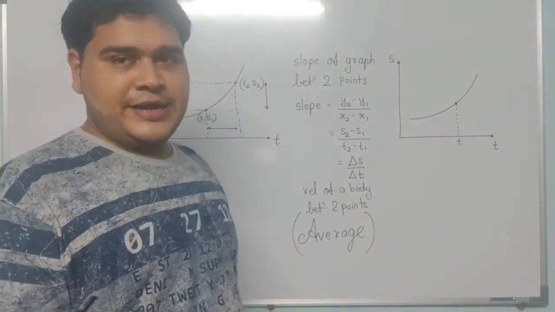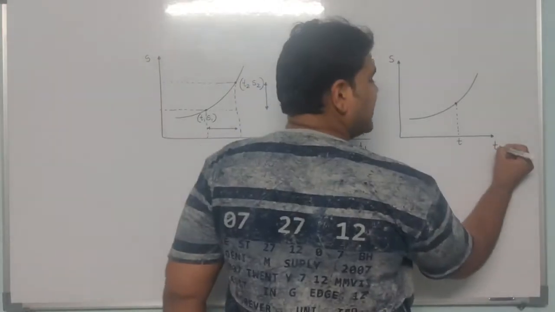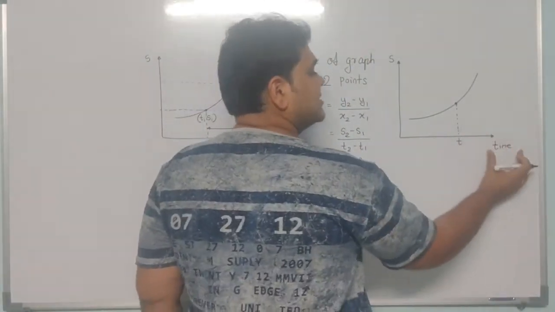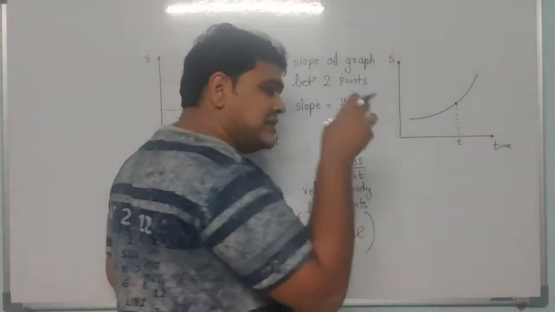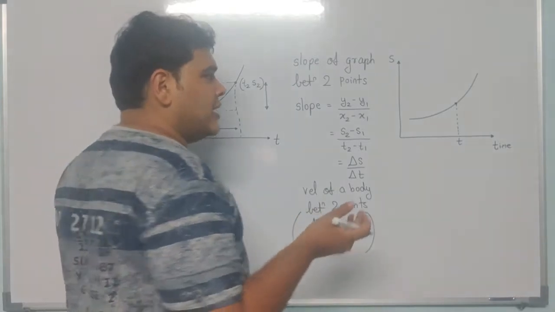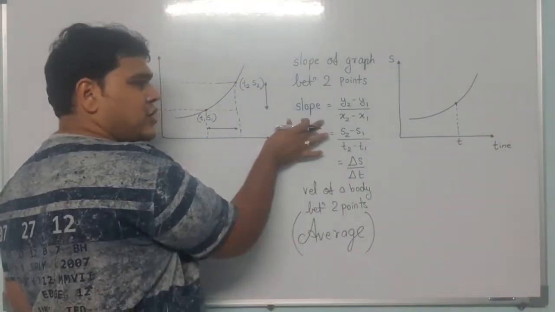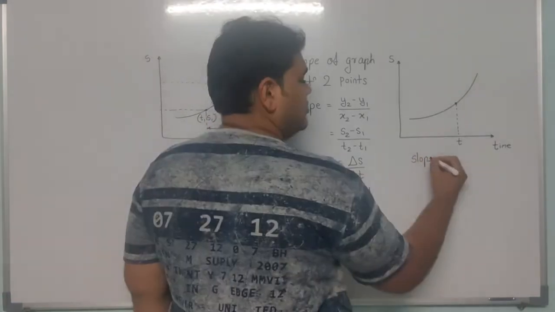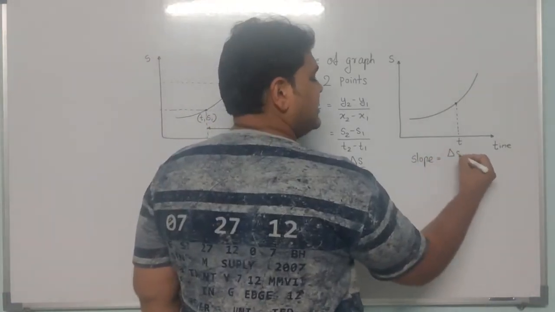To avoid confusion, again I write this as time. So this is the general x-axis which represents time, and this is that instant where I want to find the velocity.